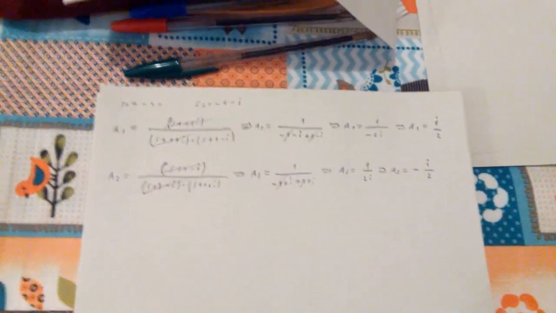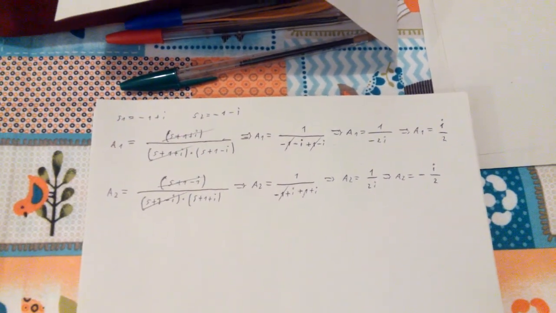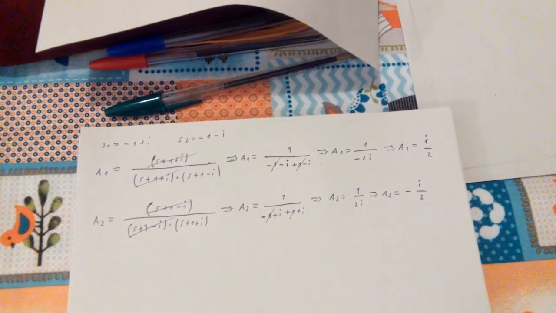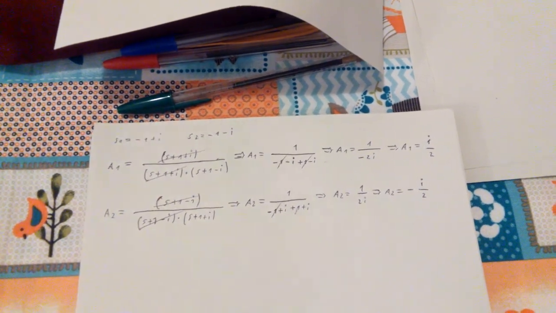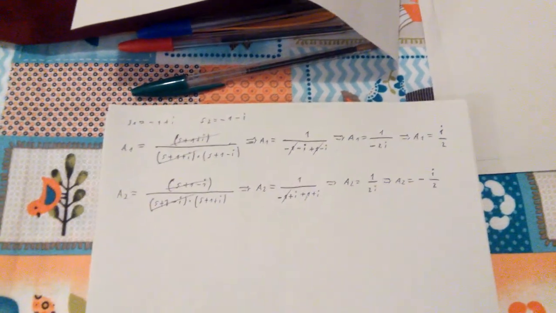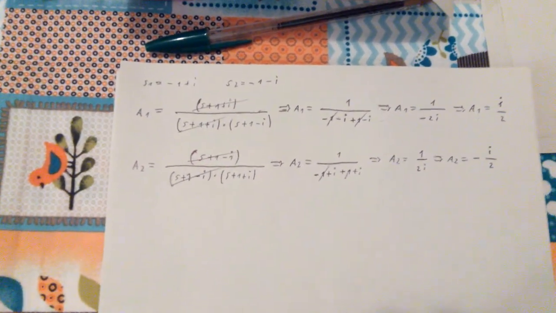Okay, so now we've got A1 and A2, which are our poles' coefficients. We are almost there, because now we can say we have found the poles correctly.